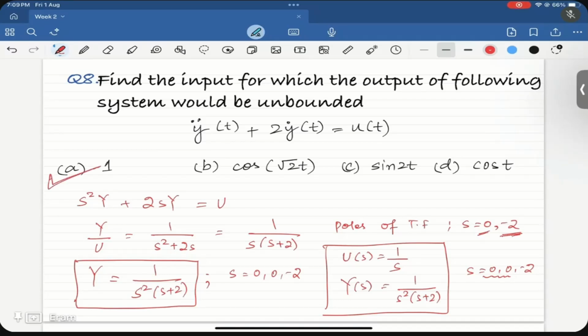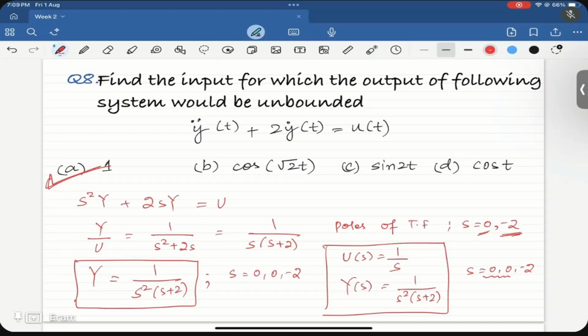Okay. What about option 2? Cos root 2t. It will give us poles at plus minus root 2j.